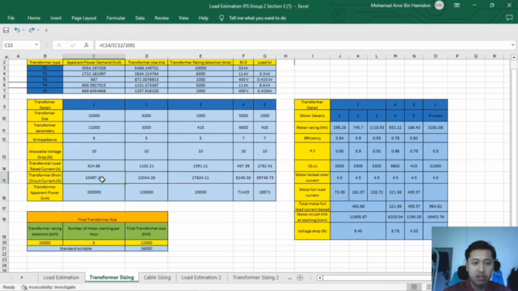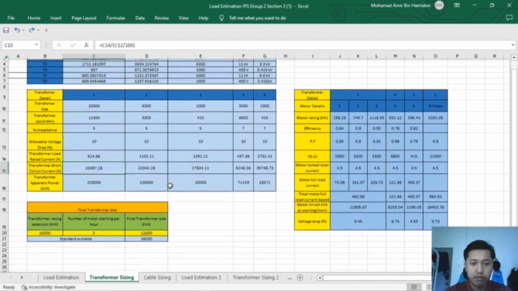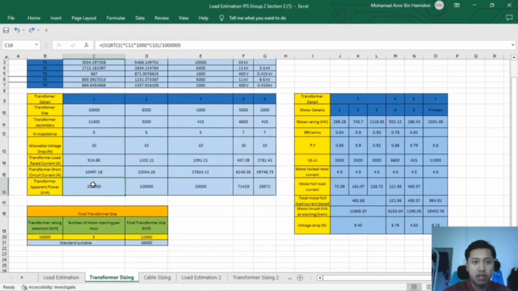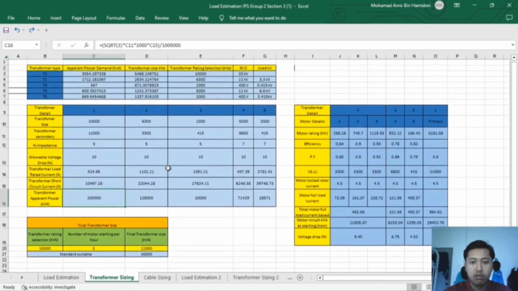So we get the transformer short circuit current. For the transformer apparent power, we use this formula: square root 3, multiplied by the secondary, multiplied by 1,000, multiplied by the transformer short circuit current, and divided by 10,000. After we get the value, we must do this to fulfill the criteria.